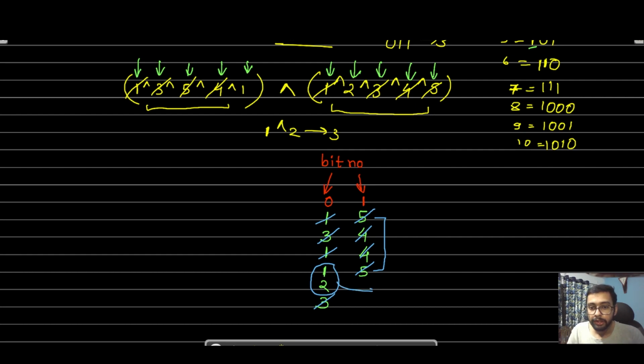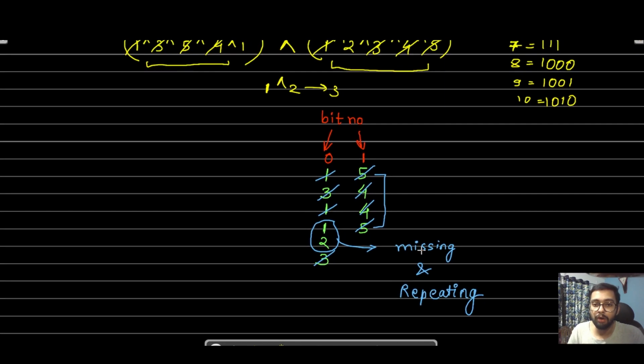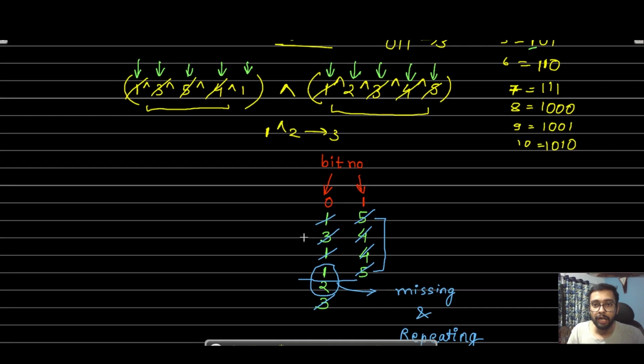I know that one of these is the missing number and the second one is the repeating one. So how do I know which of them is missing or repeating? I will store this answer somewhere and check it with the array, and we will find that 2 is missing here and 1 is repeating.